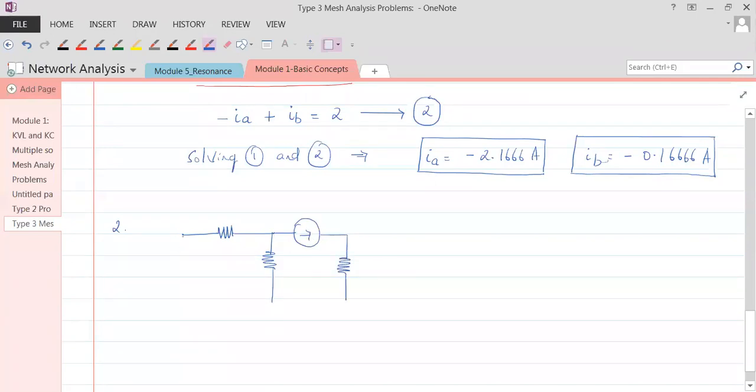Okay, so this is the circuit that we are writing.